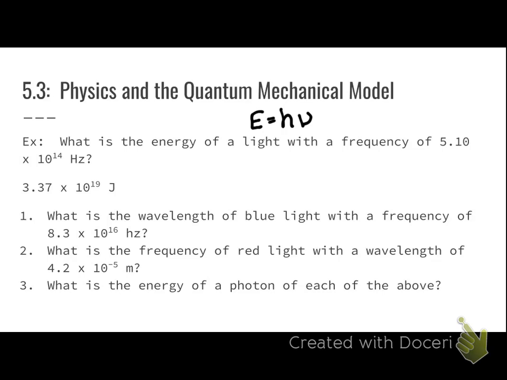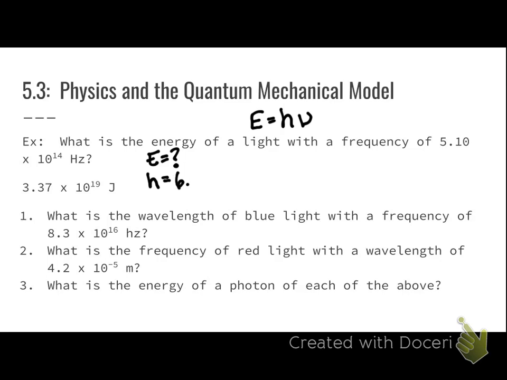In our example problem, it says, what is the energy of light with a frequency of 5.10 times 10 to the 14th hertz? Now, looking at this, we can see that it's asking us for energy, so that's what we're going to be solving for. We already know what h is because that's a constant.